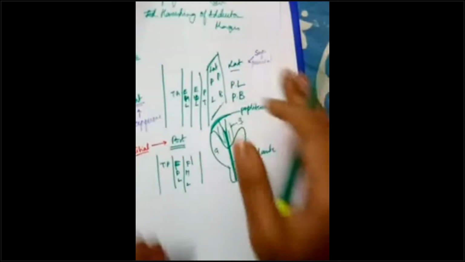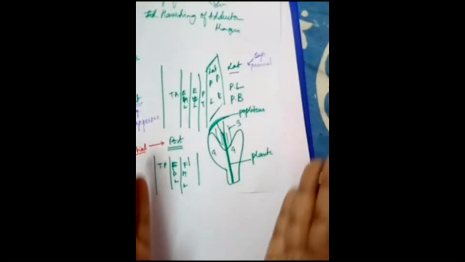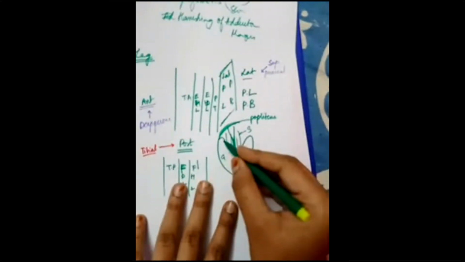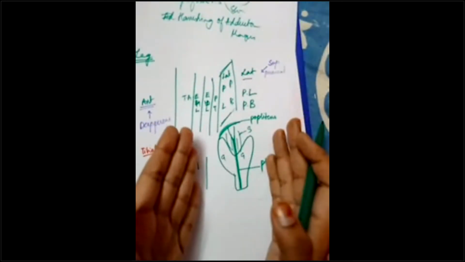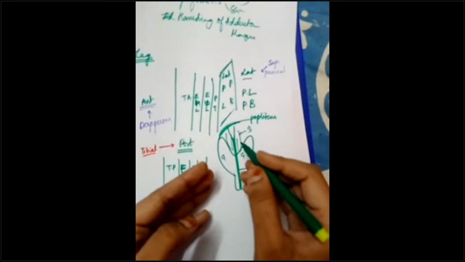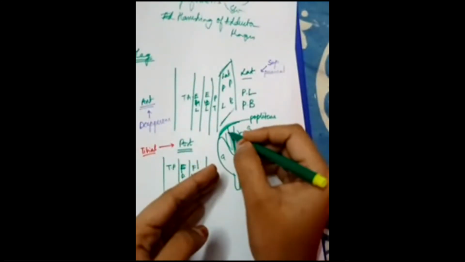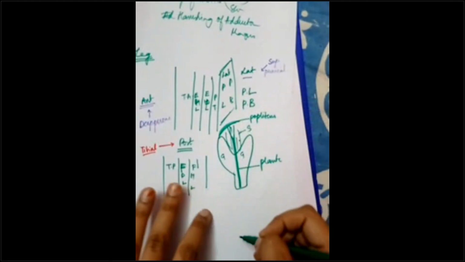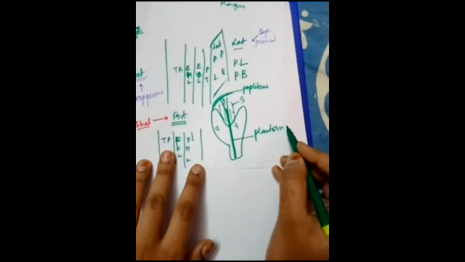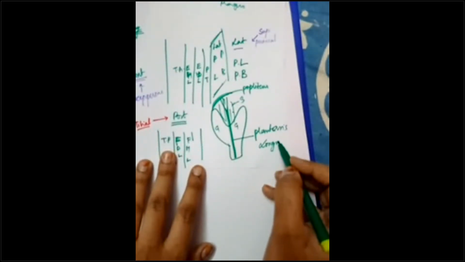Then posteriorly, to increase your beauty, they are given two layers. First, the fish-like layer. When girls wear heels, they should look pretty, so they are given fish-type muscles. We will have two heads of gastrocnemius, medial and lateral head. Then you will have the soleus muscle. Then you will have a small muscle with a long tendon, that is your plantaris longus. We had palmaris longus in the hand, right?